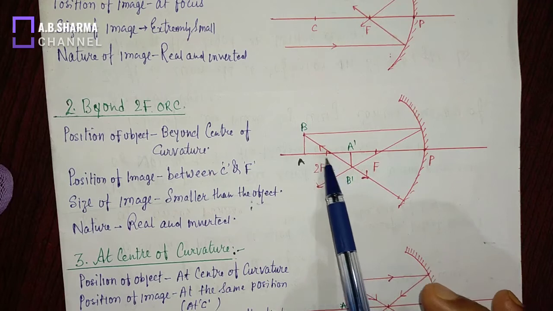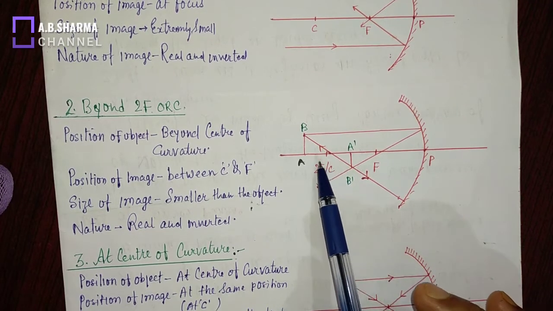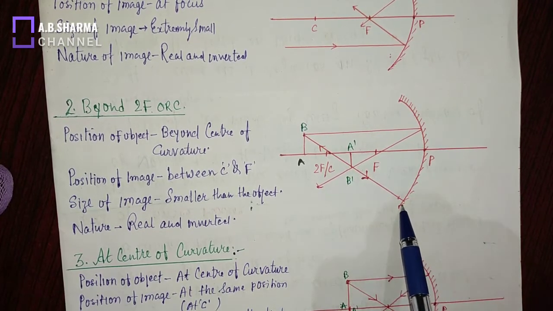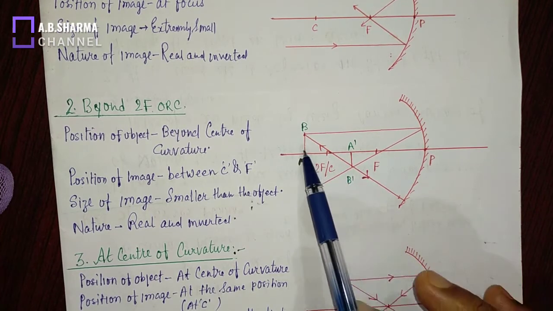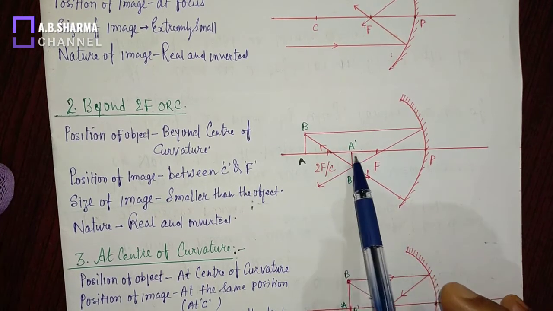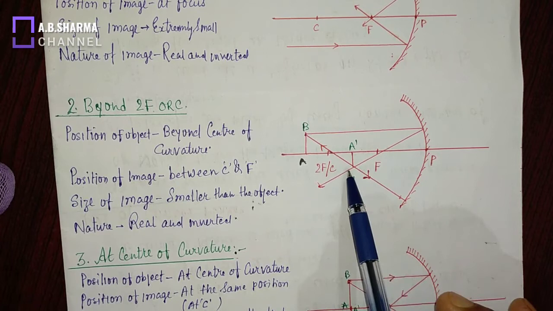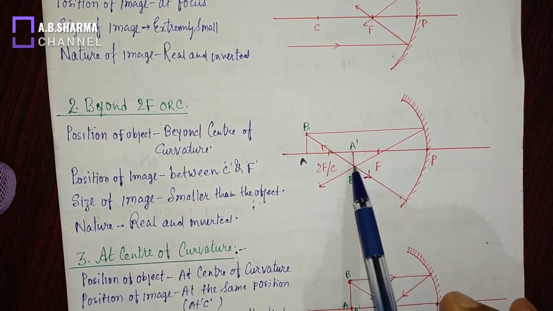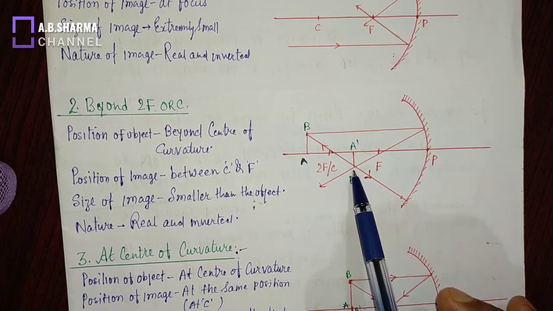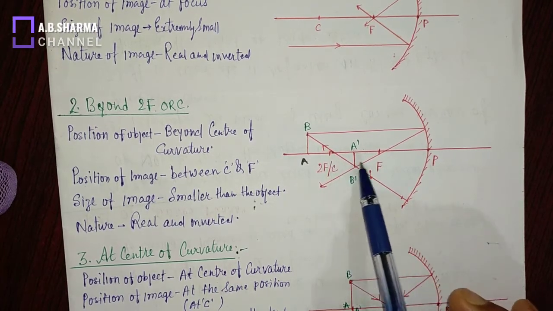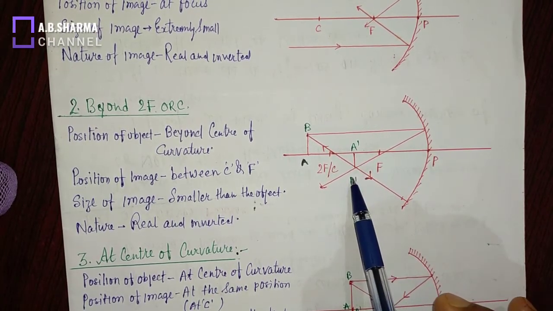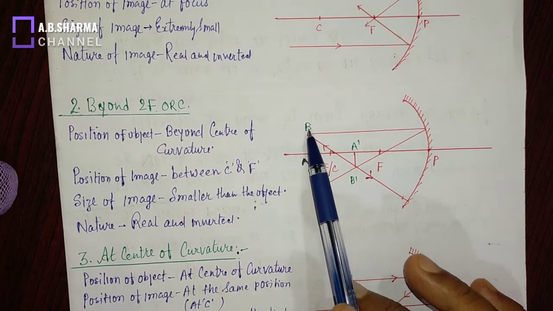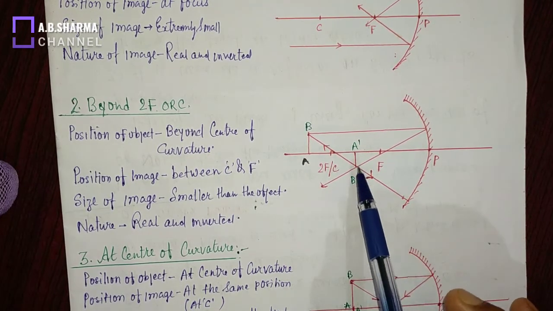And second, when the ray passes through the center of curvature, it retraces its path. So these are the rules, and we need at least two rules for the intersection. So two special rays we have taken, and they intersect at a point between F and C. So this is the position of the image. AB is the object and A dash B dash is the image.